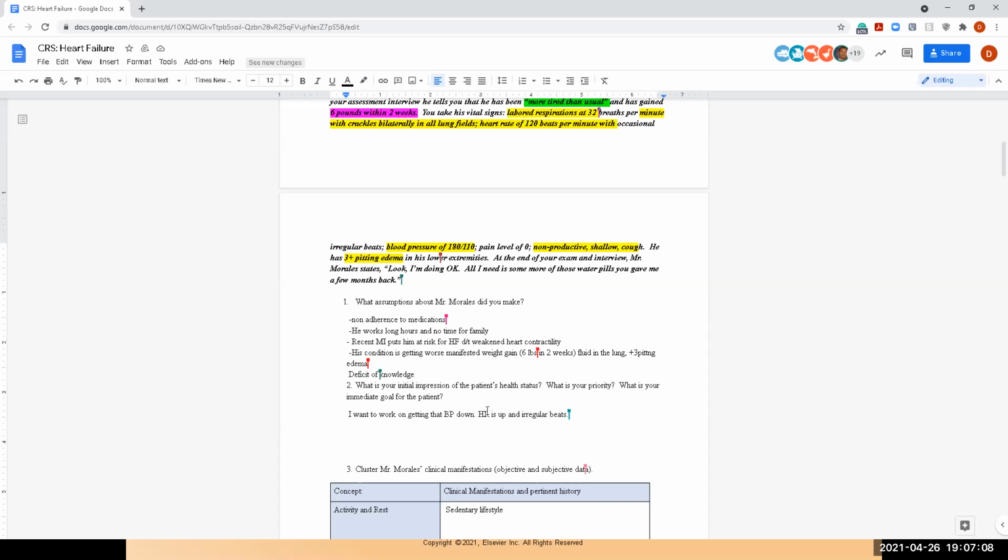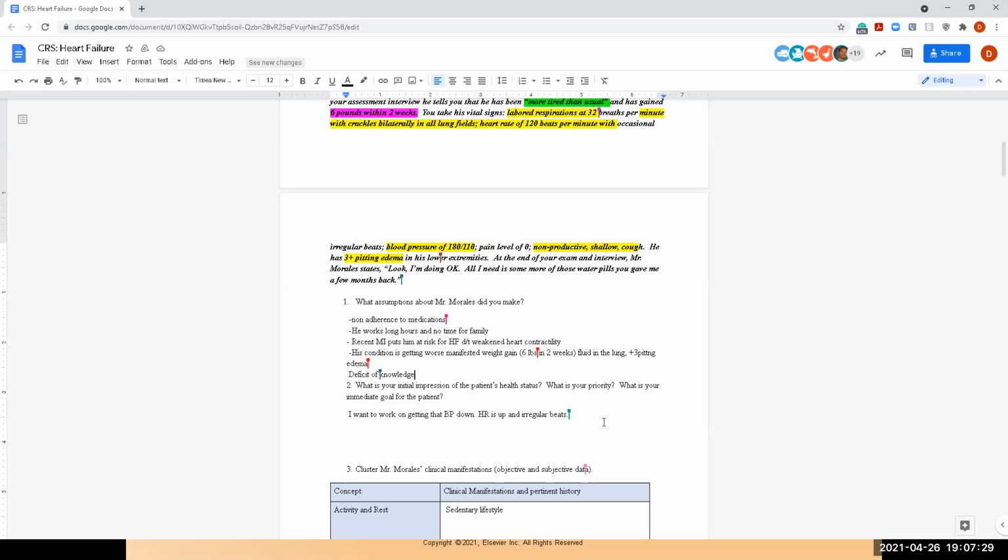Yeah, heart rate is up and irregular beats. Hugo put that. So Hugo, when you wrote that, what is that telling you about his overall condition? Well, obviously he's having irregular beats, so his heart is not happy with what's going on.